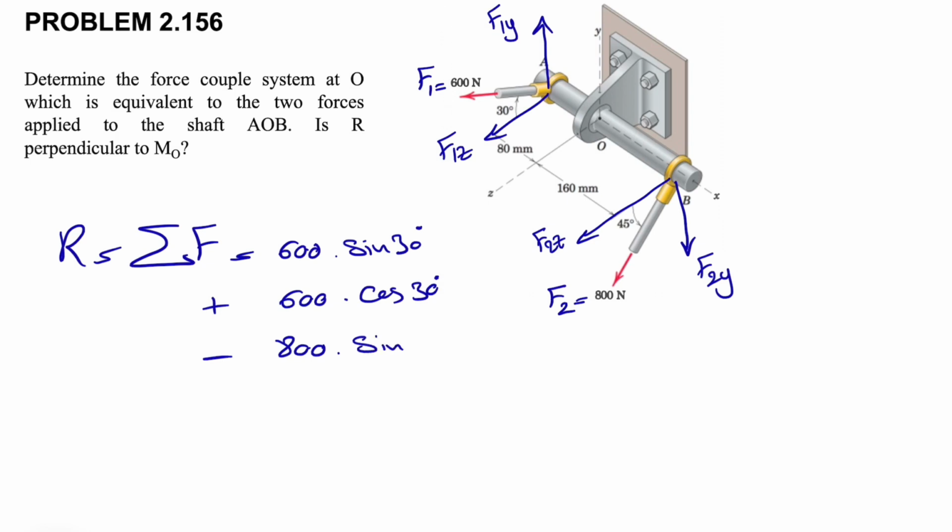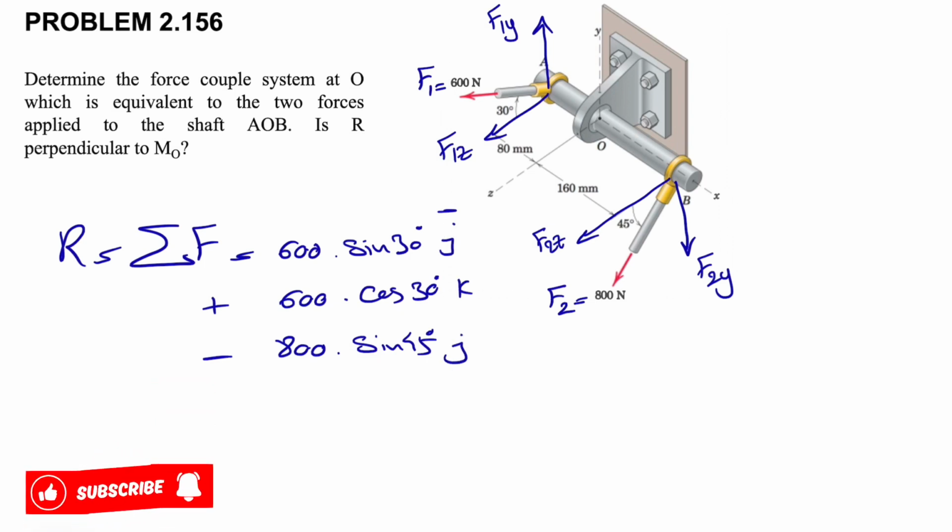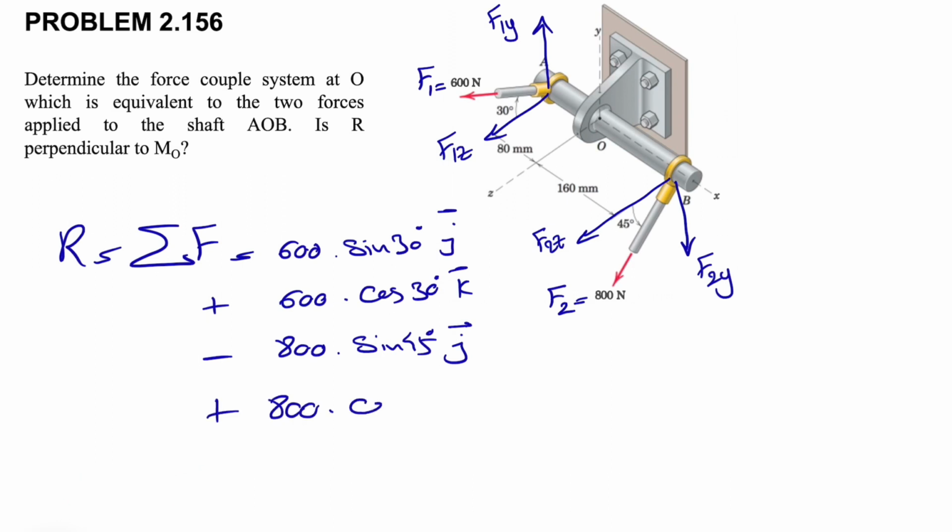Let's move on to the 800 Newton force. For the Y component we have a negative sign, since it is in the opposite direction of the Y axis, and it will be 800 times sine of 45 degrees, and we'll have 800 times cosine of 45 degrees for the K component. And that's pretty much all the forces that we have.